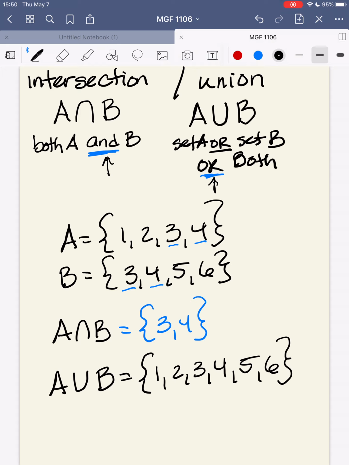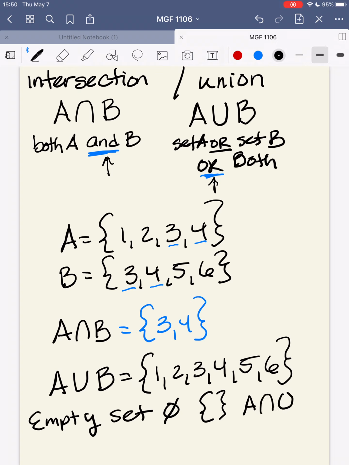All right. Another thing I want to talk about is the empty set. Okay, remember our empty set, which is our zero with a slash or just an empty bracket. If I have any set A intersect the empty set, it is the empty set.